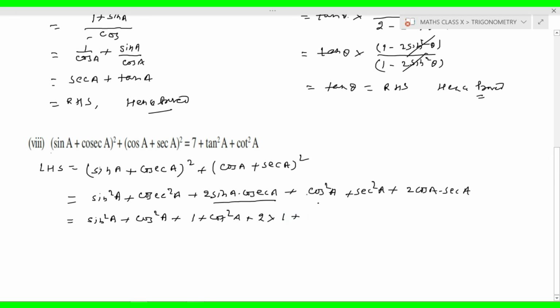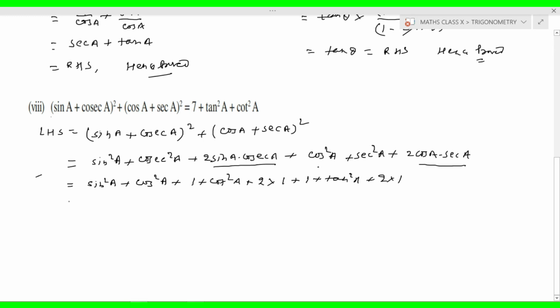Plus cos square A already gone, now sec square A. In the proof we have tan, so convert sec square in terms of tan, 1 plus tan square A is sec square A. There we write 1 plus tan square A plus 2 into, again you find cos A and sec A, both are reciprocal to each other, cos into sec is 1, so this is your 1.